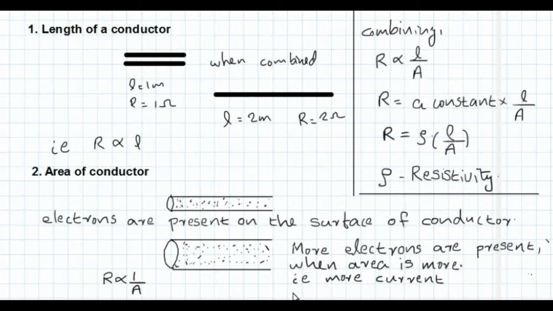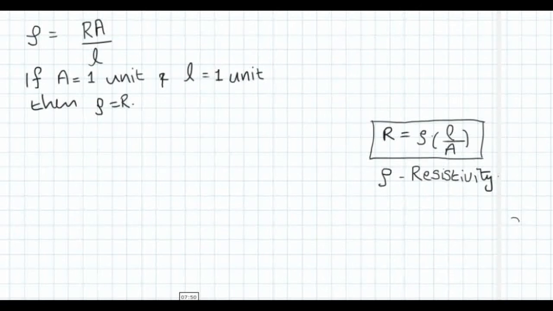Okay, now what is this resistivity? From the equation R is equal to rho into L by A, we can rewrite rho as RA divided by L, that is resistance into area divided by length.